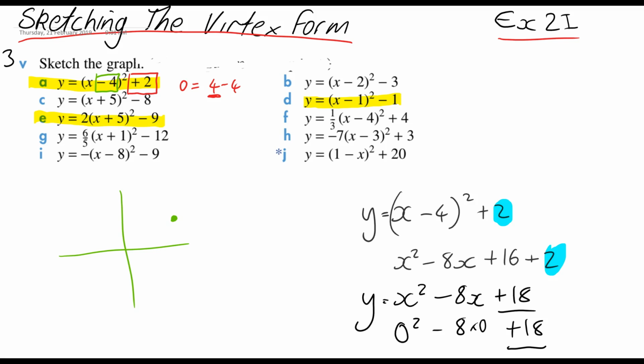So we go to our board and we go 18. And that point that our vertex is was 4, 2.